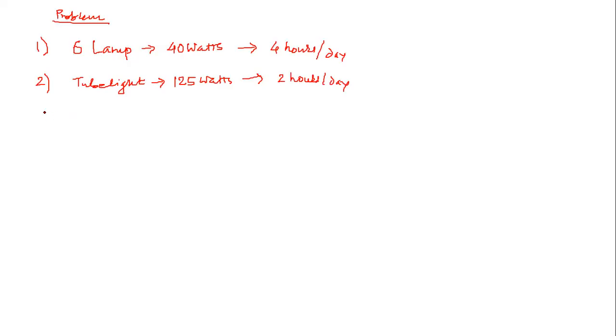Then you have one more appliance, that is a heater, which has a rating of 1000 watt, or I can write it as 1 kilowatt. And it operates for 3 hours per day, right?